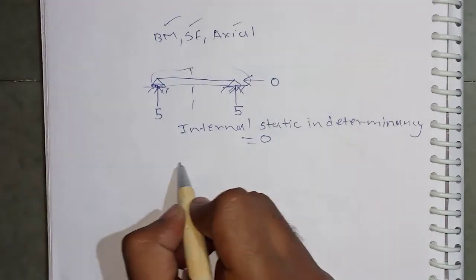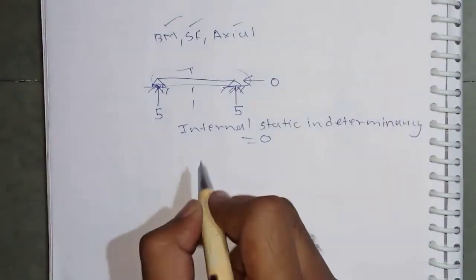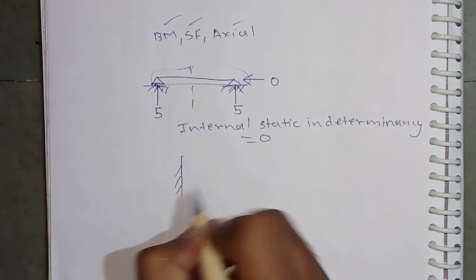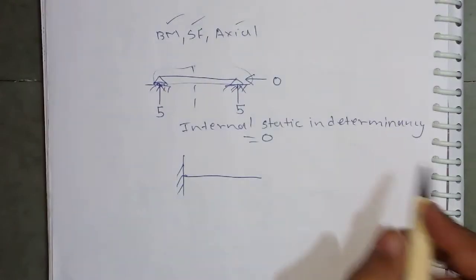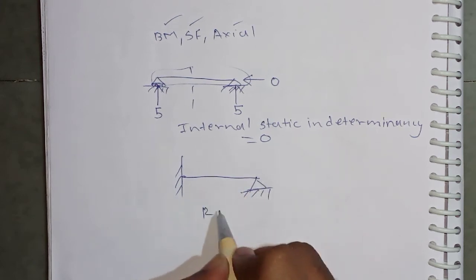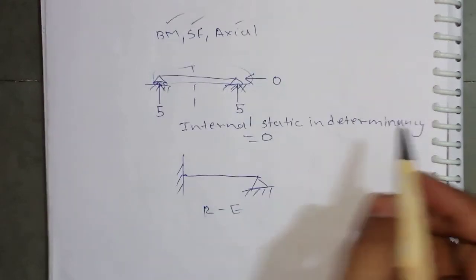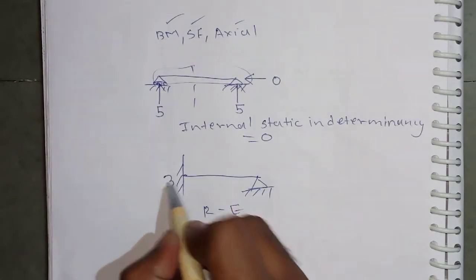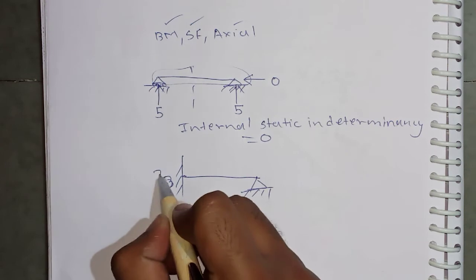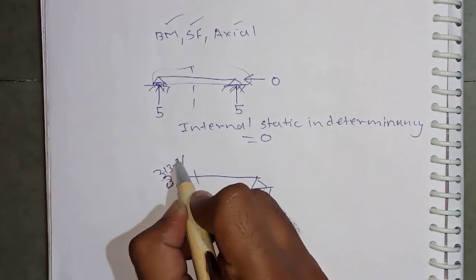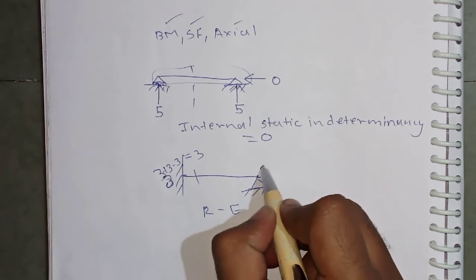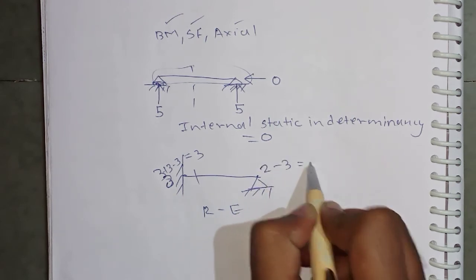But beams can have external indeterminacy. For example, this beam will have static indeterminacy: 3 plus 3 minus 3 equal to 3, and here 2 minus 3 equal to minus 1.